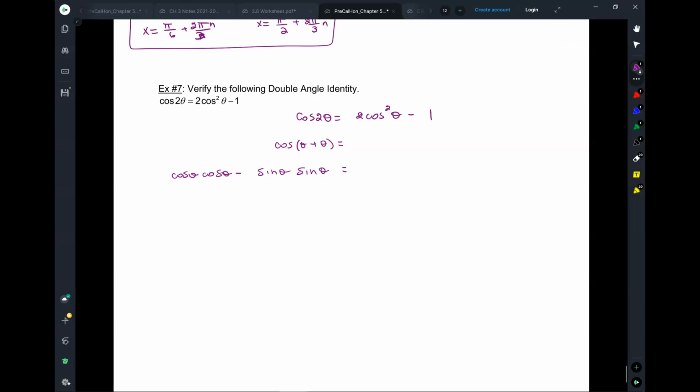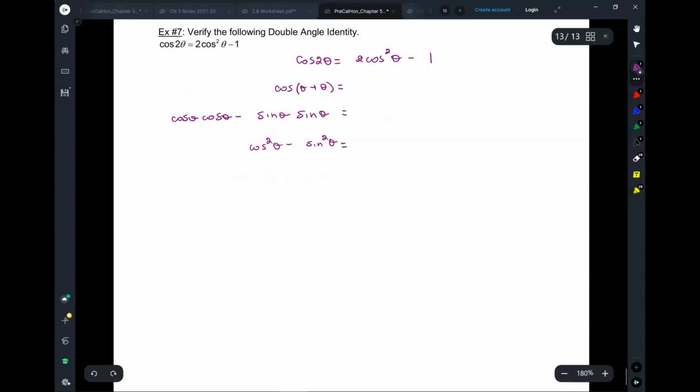Okay, what do I have here? Cosine squared theta minus sine squared theta equals, let me write that again. What's the issue here? I have two different functions. I have a cosine squared and a sine squared, but I need it all to equal cosine squared.